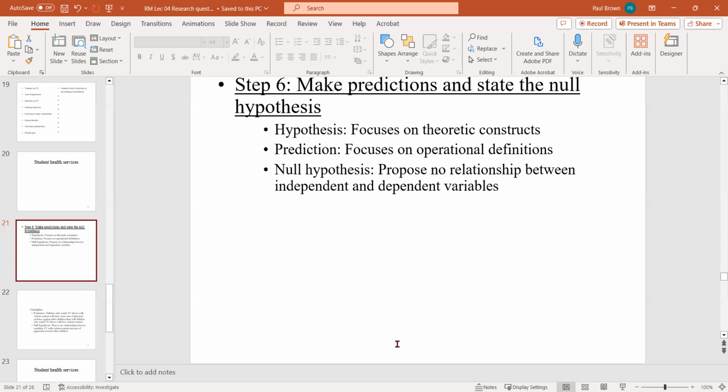And then your null hypothesis is that for students with knowledge, students who have student quality care illness. Is that clear? All right.